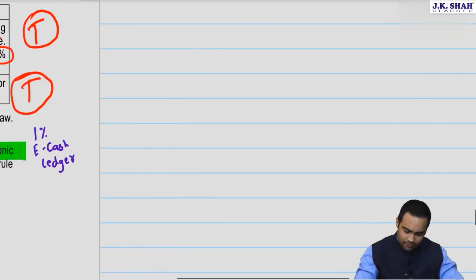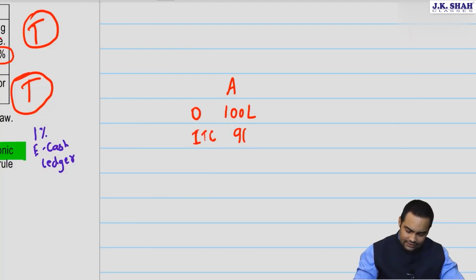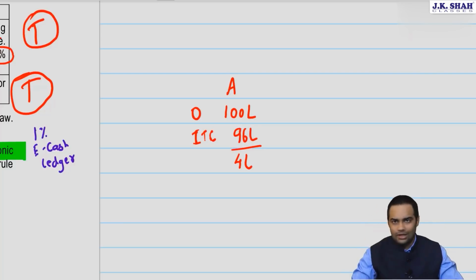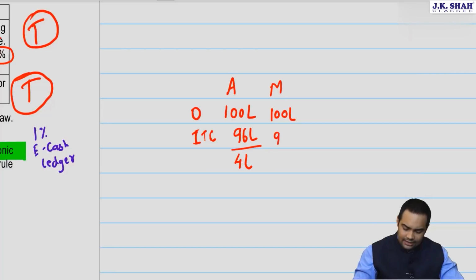This cumulatively point, let me just show it to you. See this carefully. Say suppose April month my output was 100 lakh. My ITC was 96 lakh. So I would have paid 4 lakh rupees through e-cash ledger. Correct. May month my output is 100, ITC 97 lakh. 3 lakh I would have paid through e-cash ledger.